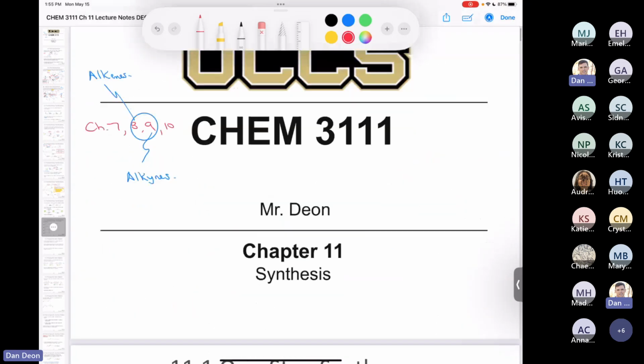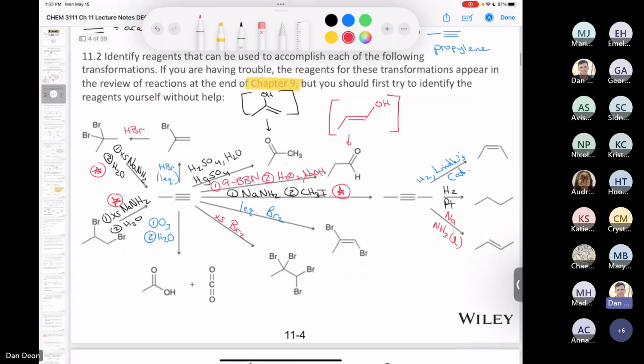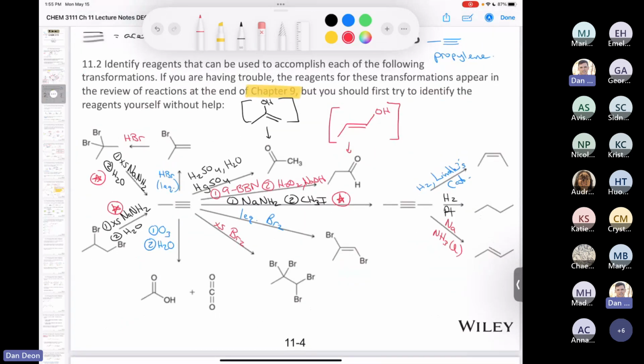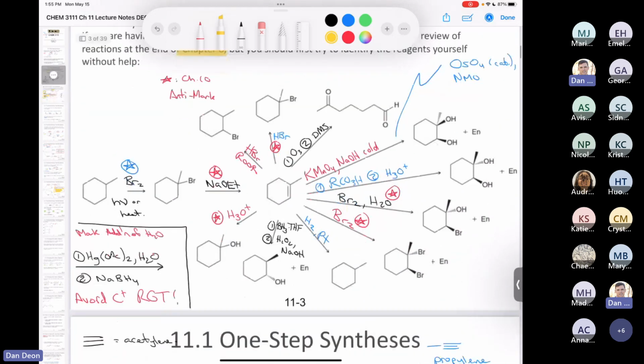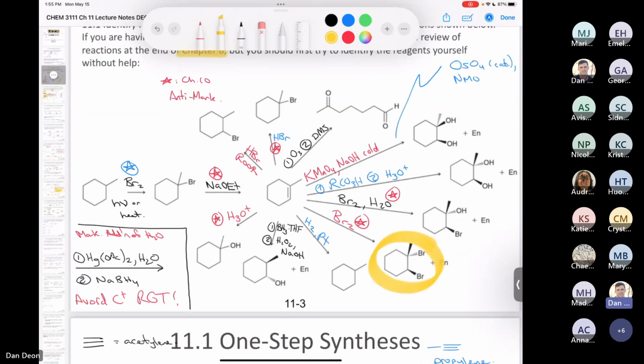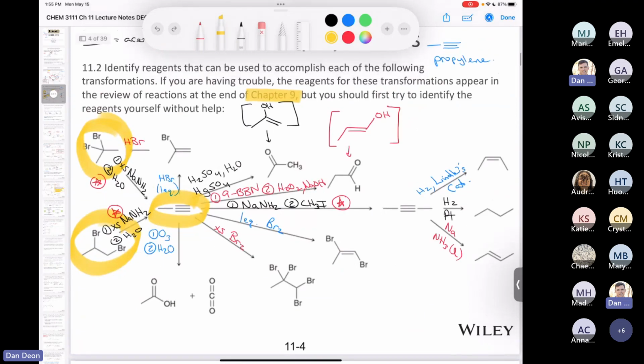So let's go back here to question number 2. The only place that an alkyne can come from is from either a geminal dihalide or a vicinal dihalide. And the only thing I ever taught you how to make is a vicinal dihalide like this. So you'd have to employ those reaction conditions.